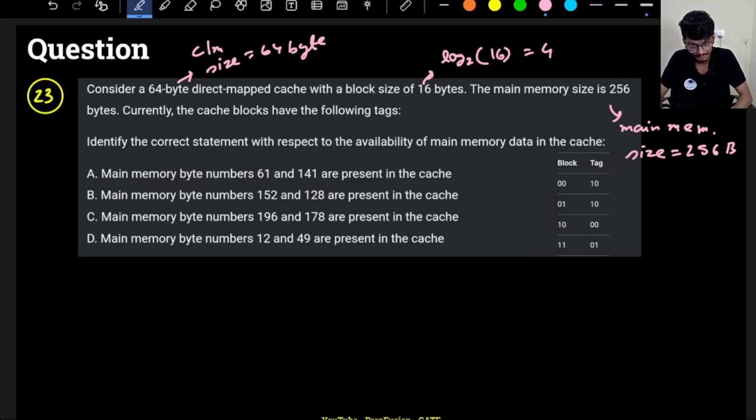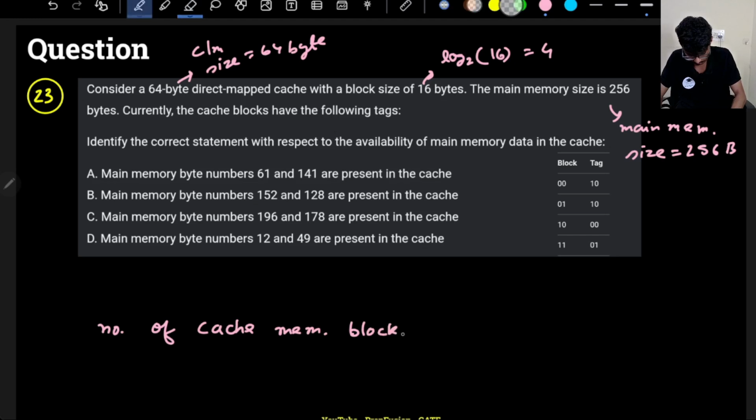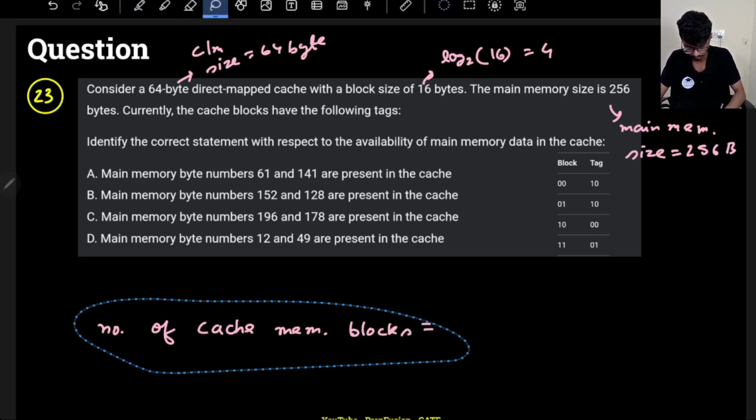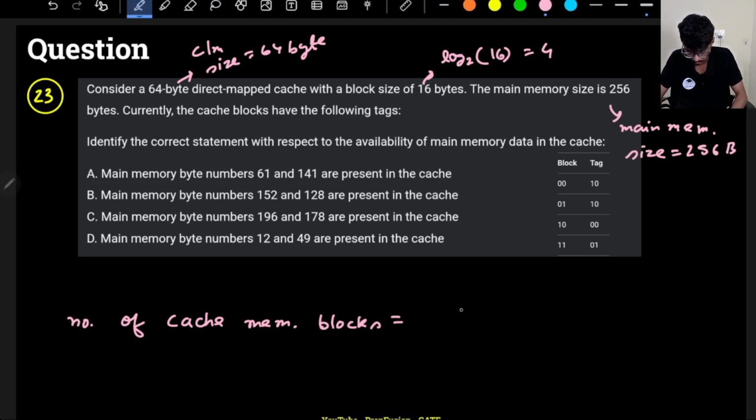The number of cache memory blocks will be 64 bytes divided by the block size 16, so it will be 4.